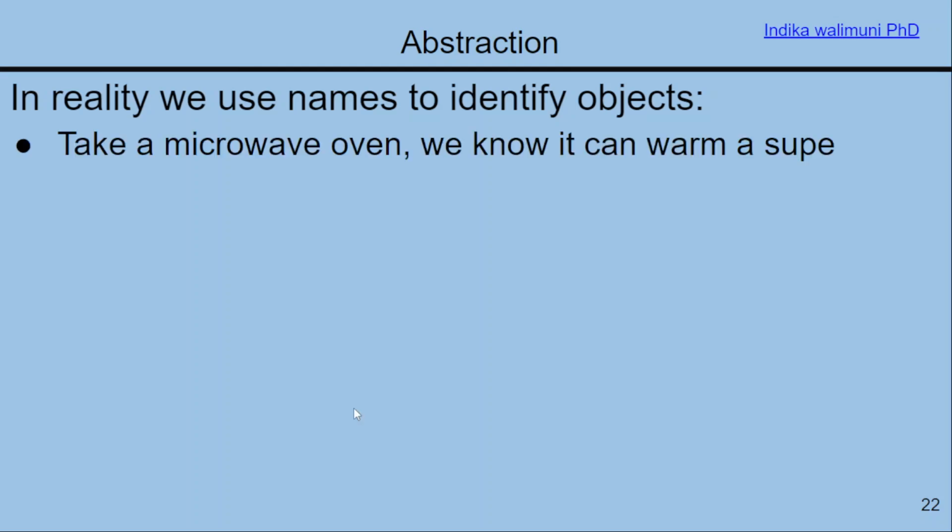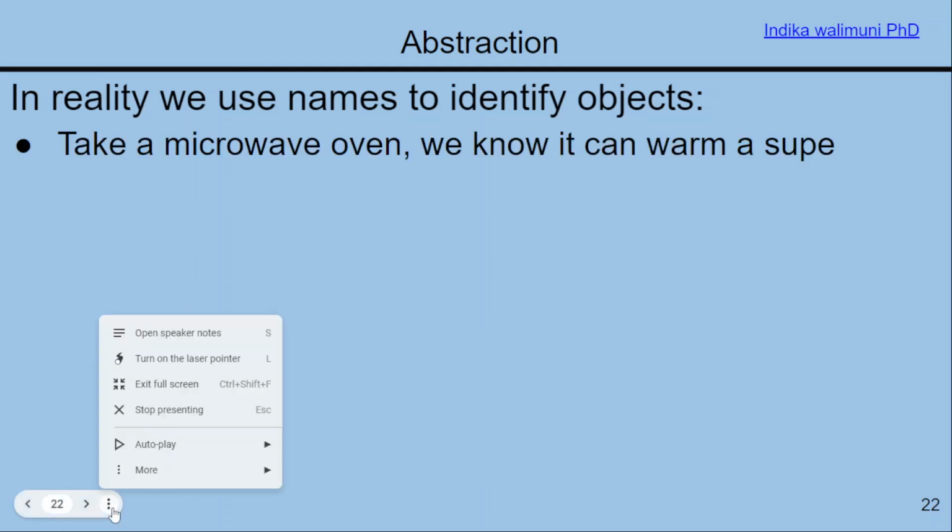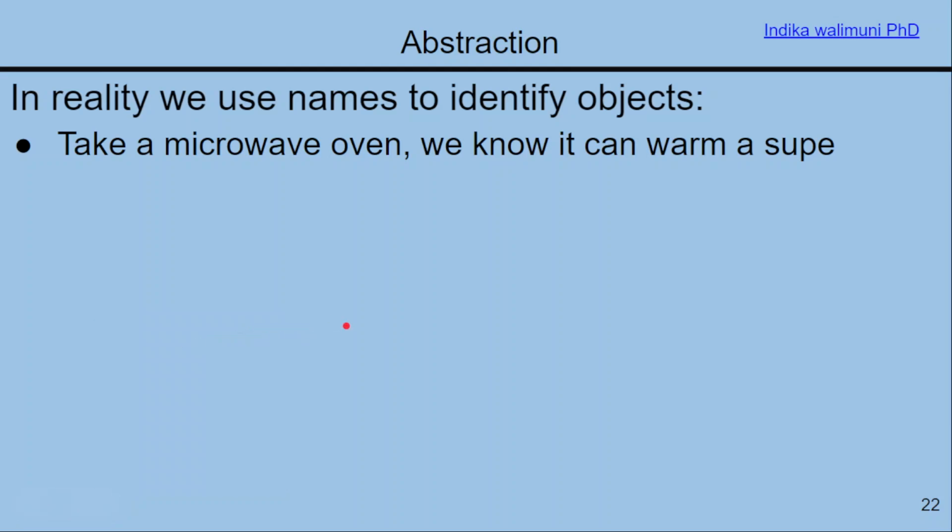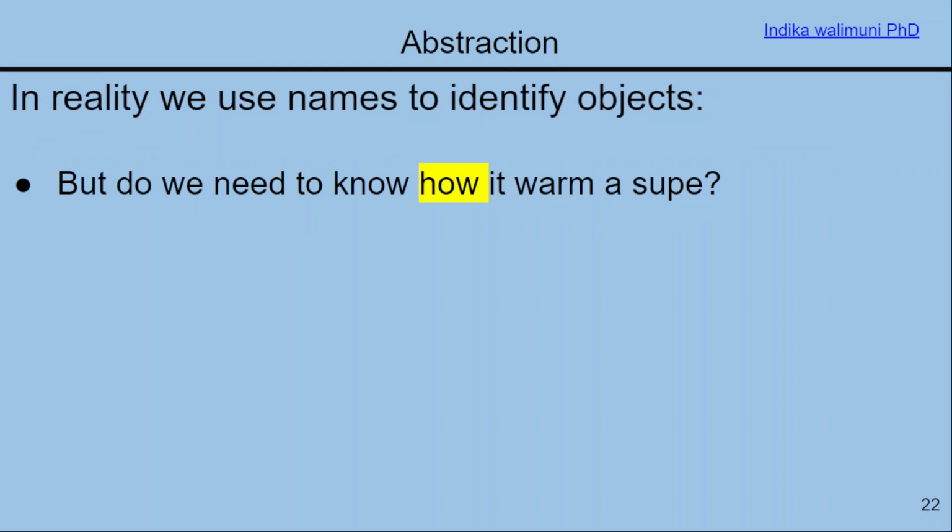So we know that in reality we use names to identify objects, right? So if you take a microwave as an example, okay, we know that by its name it can cook, right? But we don't need to know how it warms or cooks, right?